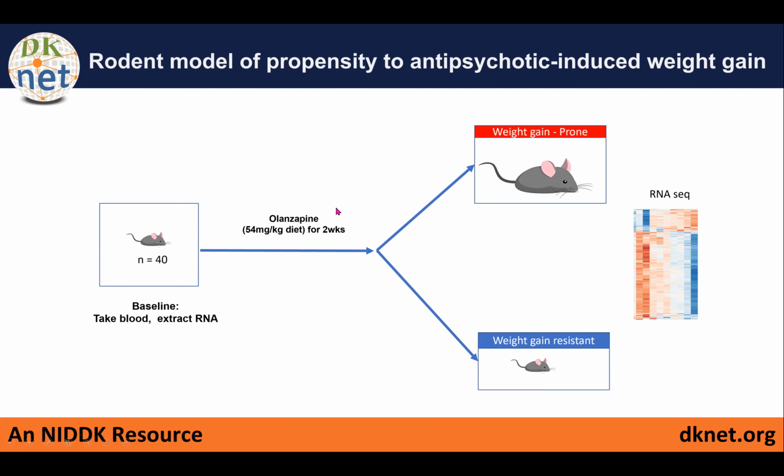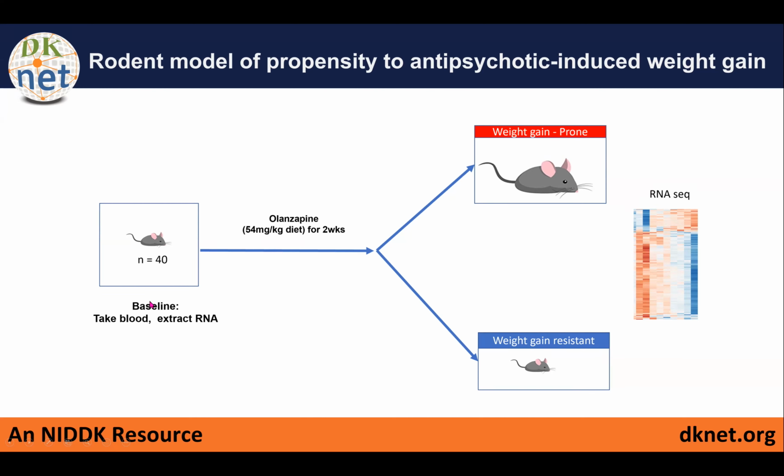And so to study this in more detail, Dr. Osborne's group set up this mice model in which baseline blood was taken from mice. They were then given the antipsychotic olanzapine, and they were then separated out into mice that gained weight and those that were resistant.